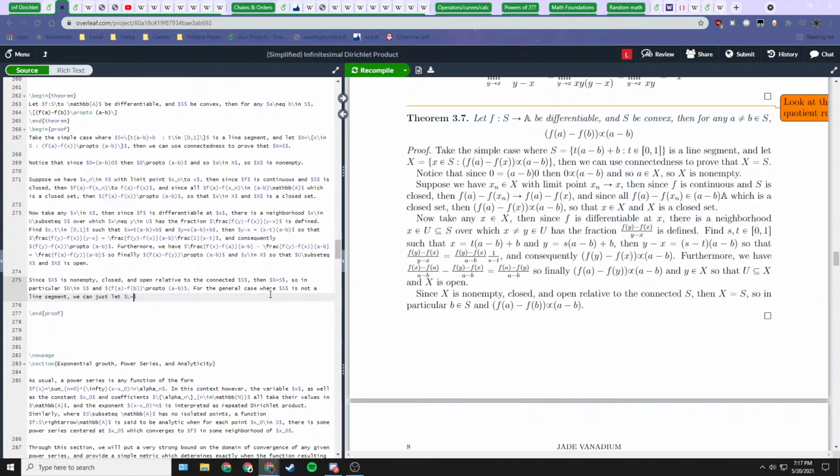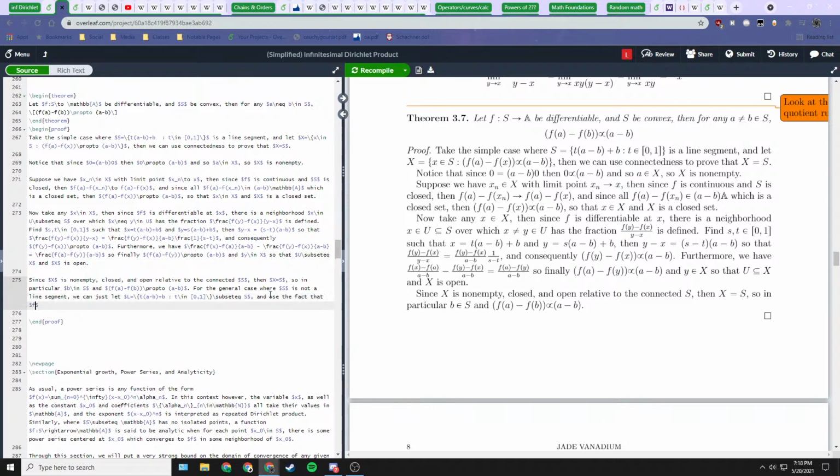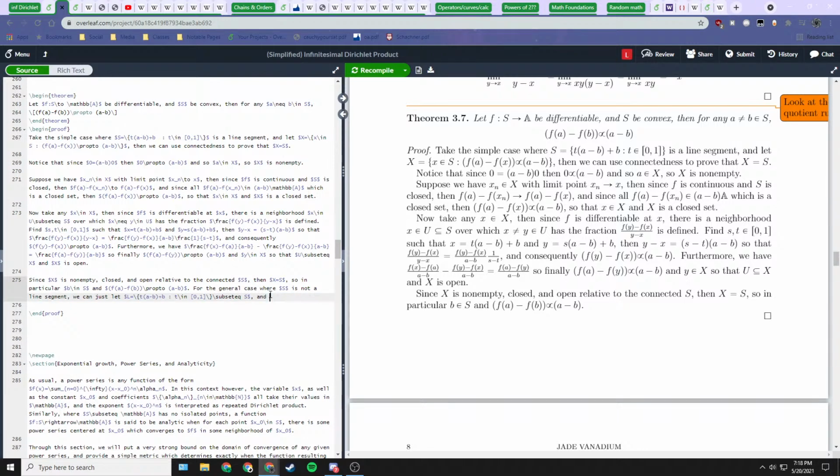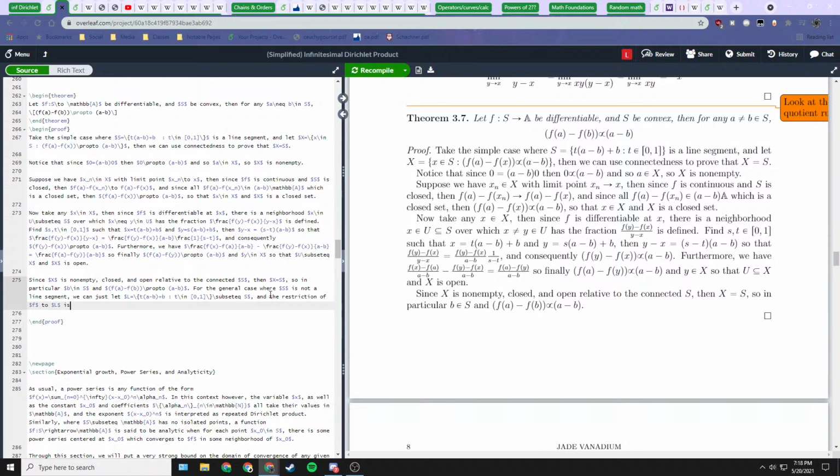we can just let L be the set of t times (a minus b) plus b such that t is in [0, 1], which is a subset of S. And the restriction of F to L is still differentiable.